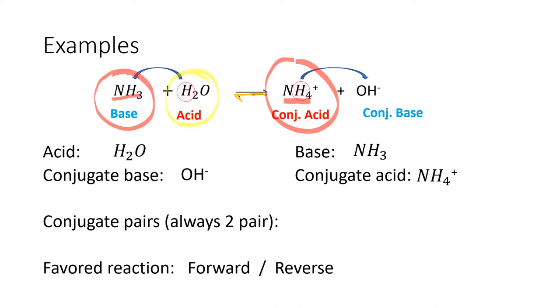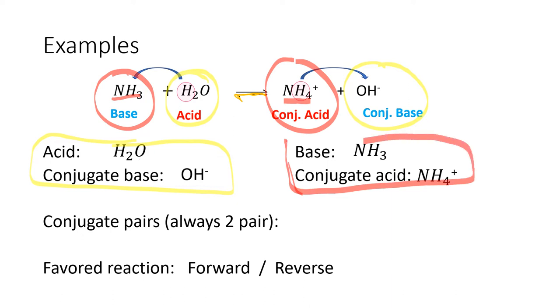Likewise, your water and your hydroxide only differ by one proton. So one pair is always going to be your acid and your conjugate base, and the other pair is always going to be your base with your conjugate acid. How we list these, you can put water and hydroxide. I put a slash here just so you see they're paired up. They differ only by a proton. Likewise, the ammonia and the ammonium differ only by a proton.